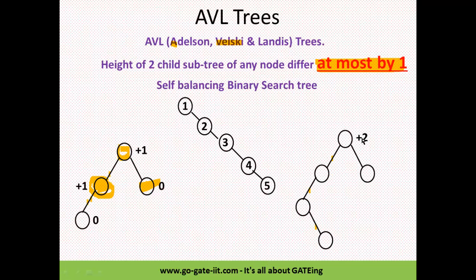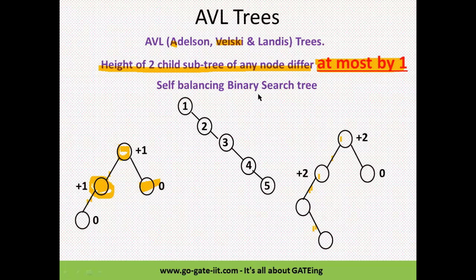So 3 minus 1 becomes plus 2. This becomes again plus 2. How? 1, 2, and here 0. So 2 minus 0 gives you 2. This becomes 0. So in this case, this complete tree violates the condition mentioned here. That is the basic principle of an AVL tree, and the AVL tree revolves around this concept only.